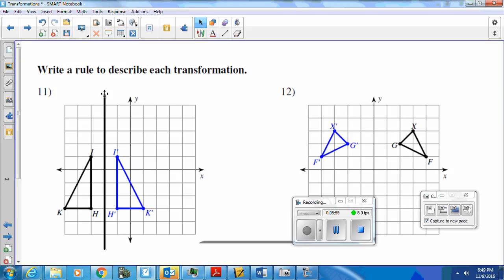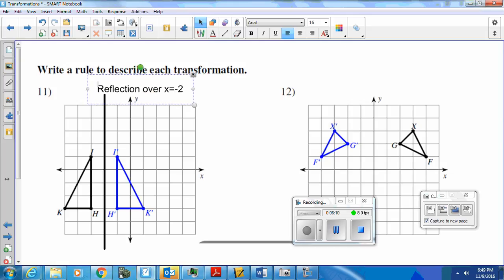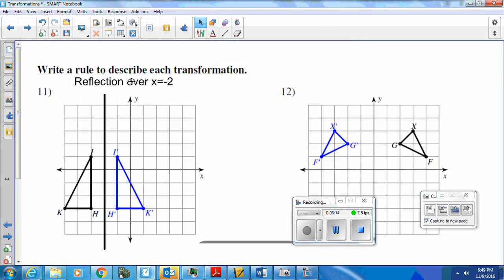It's not y equals. All right, so we can say that this is a reflection over x equals -2. That's going to be good for that one.